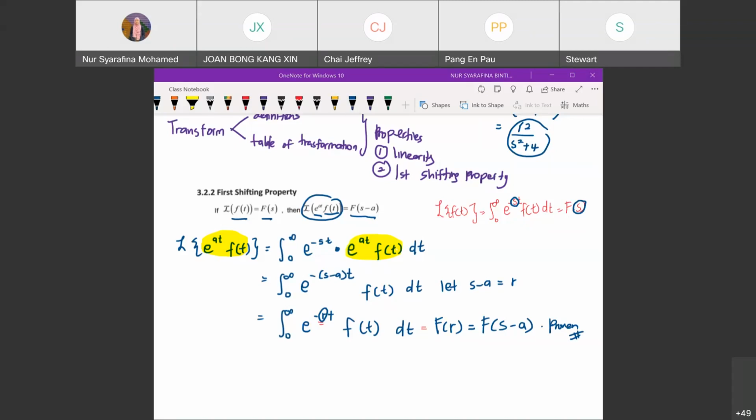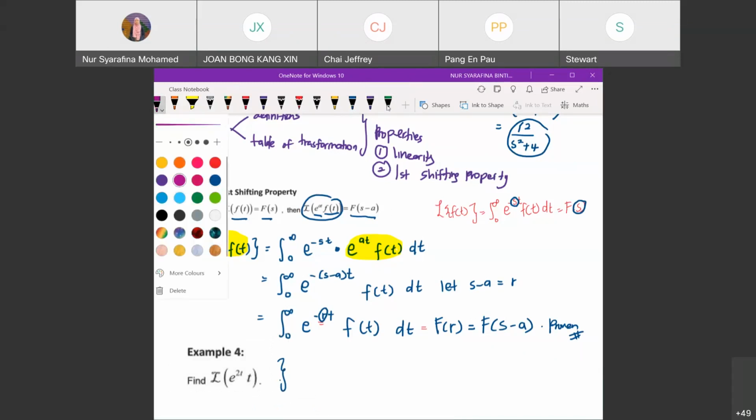Let's take a look at the example. Example 4, we want to transform exponent 2t times with t. So from this example, what is your a?